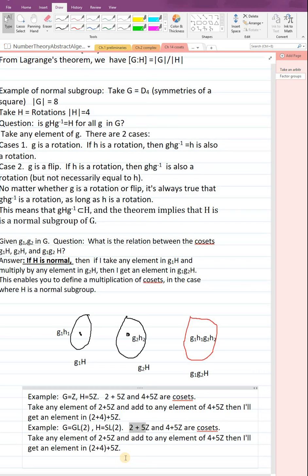So let's say, well, I can have G1H, and G2H are cosets.